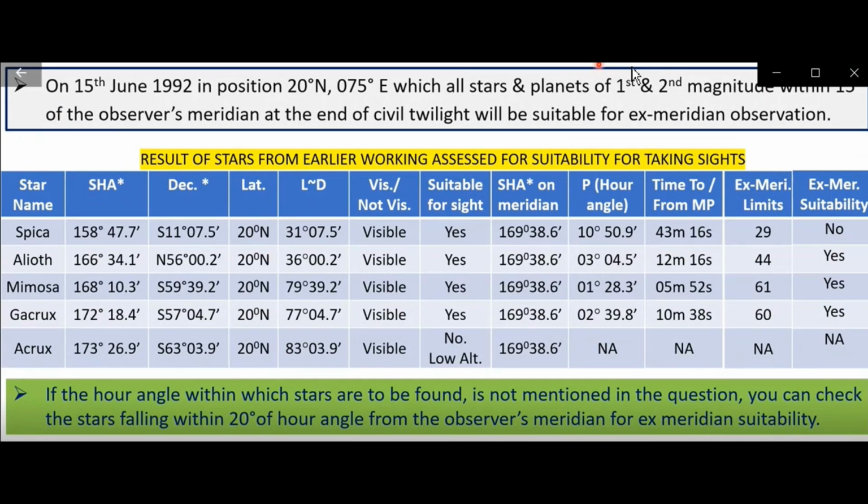So looks like it is clear, beta. All steps are clear. Sorry sir, please tell the last line again. The R angle within which the star is to be found.